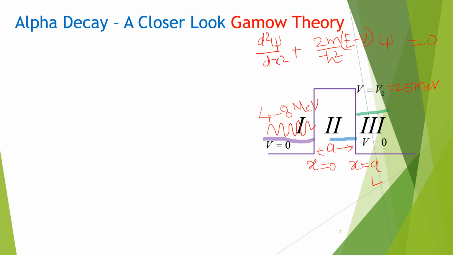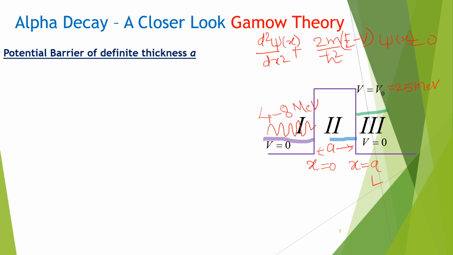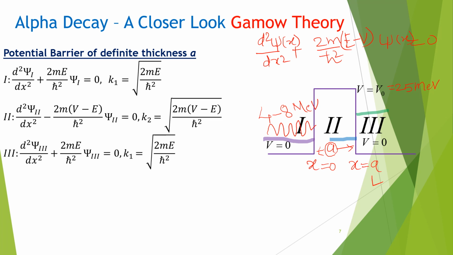This being one dimensional, psi depends on the variable x. Now we want to apply this expression to the alpha decay process. The potential barrier is of definite thickness, and that is also going to change. I am going to discuss with you later how that affects our discussion, but for making calculations as simple as possible, we are going with the square wave potential.